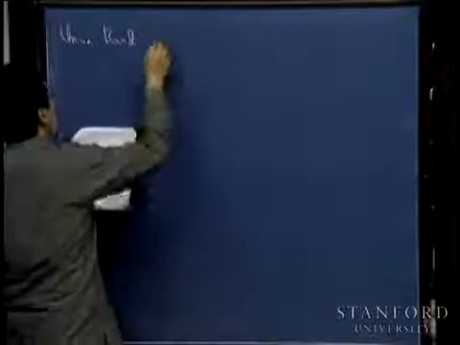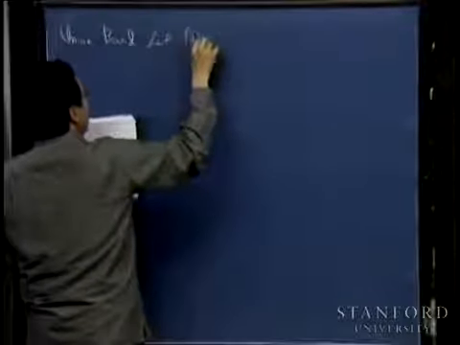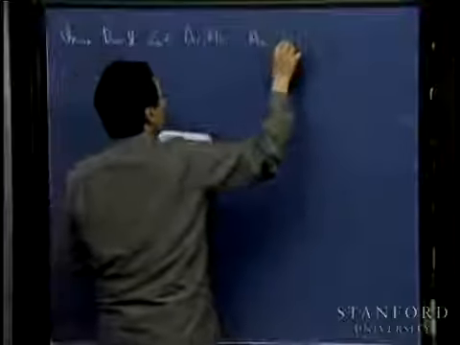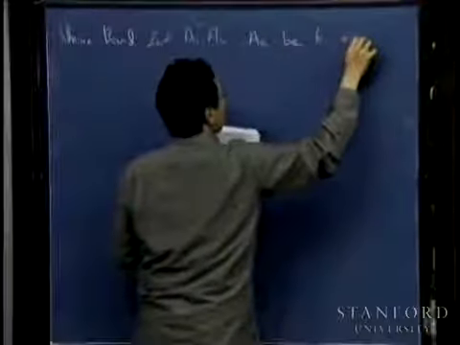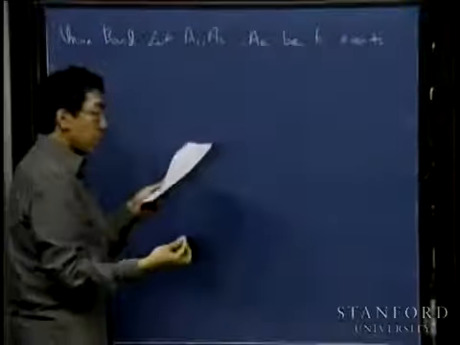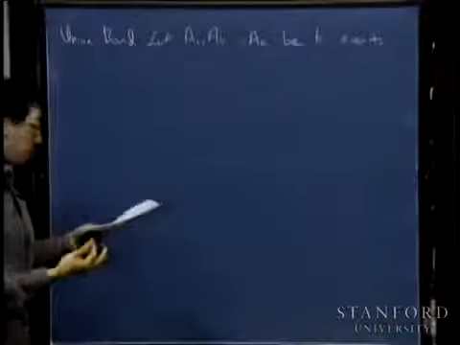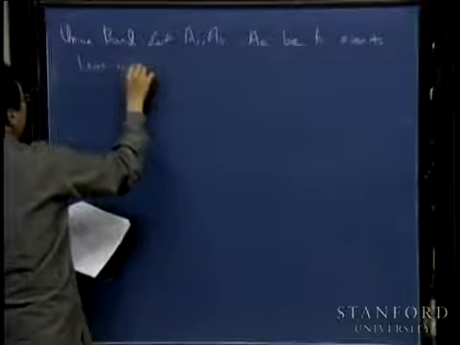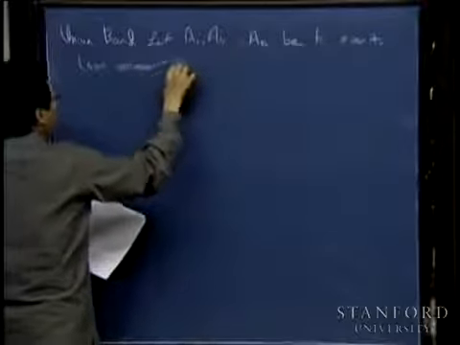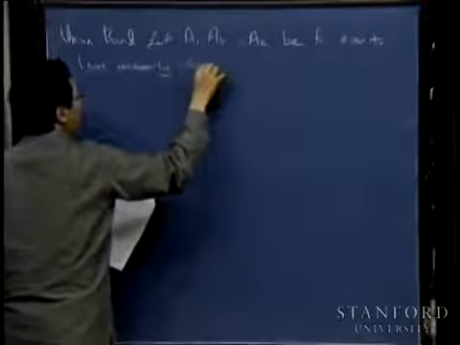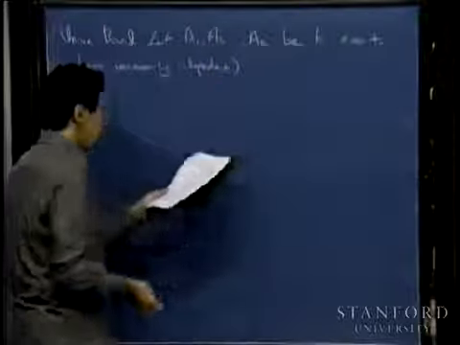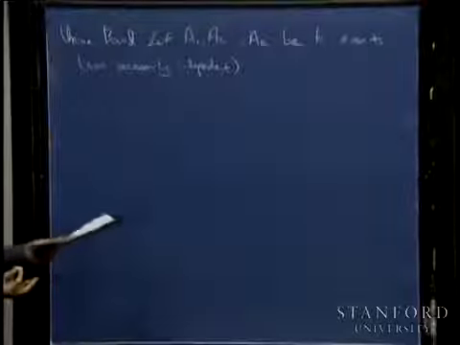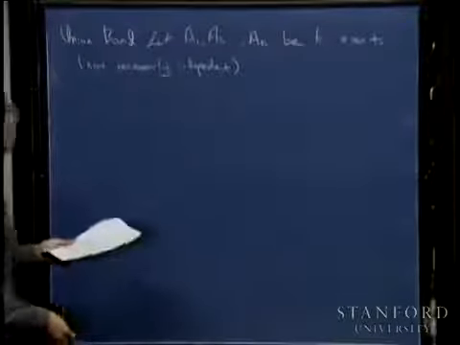Let A1 through AK be K events. And when I say events, I mean events in the sense of a probabilistic event that either happens or not. These are not necessarily independent. So there's some joint distribution over the events A1 through AK, and maybe they're independent, maybe not. No assumption on that.